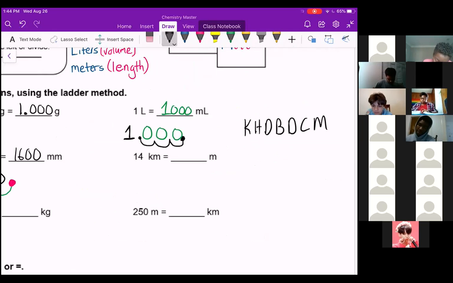Cameron, what box am I in? Tell me where my decimal is and tell me what box I'm starting in. Can you tell me where my decimal is to start? Basic unit. So first tell me where my decimal is. It's either in front of the 1, between the 1 and 4, or behind the 4.